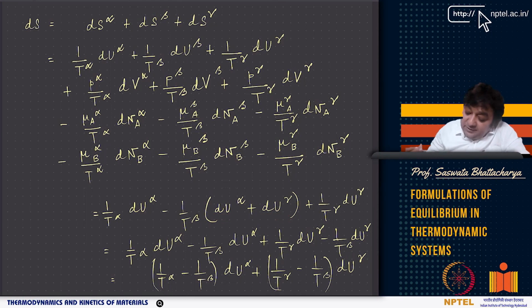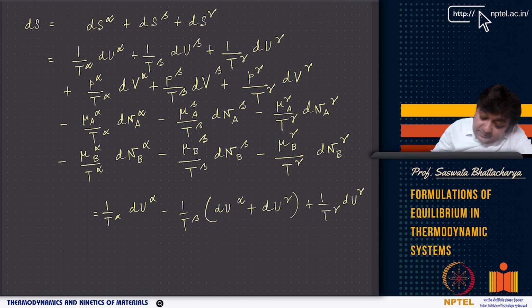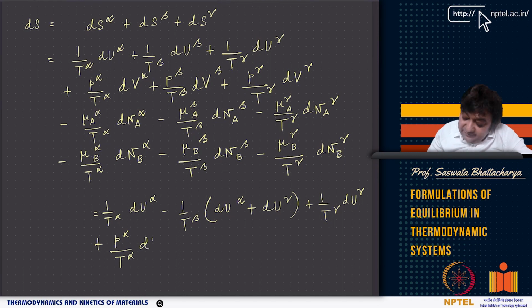Similarly, I can do it for V. So it will be plus P alpha by T alpha dV alpha, and total V is constant, so dV equal to 0.